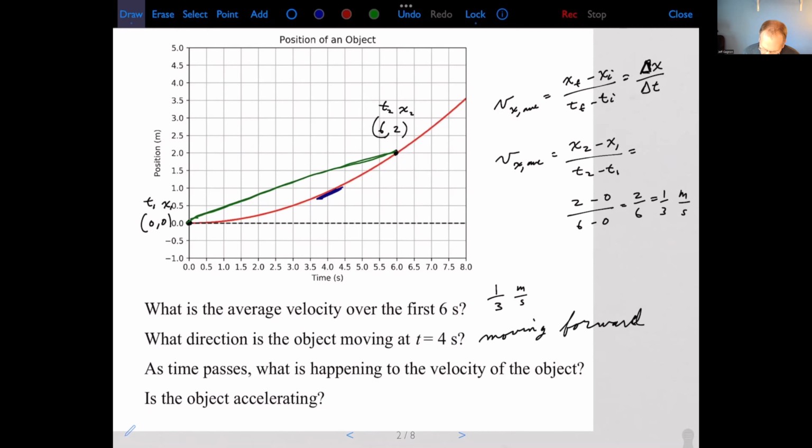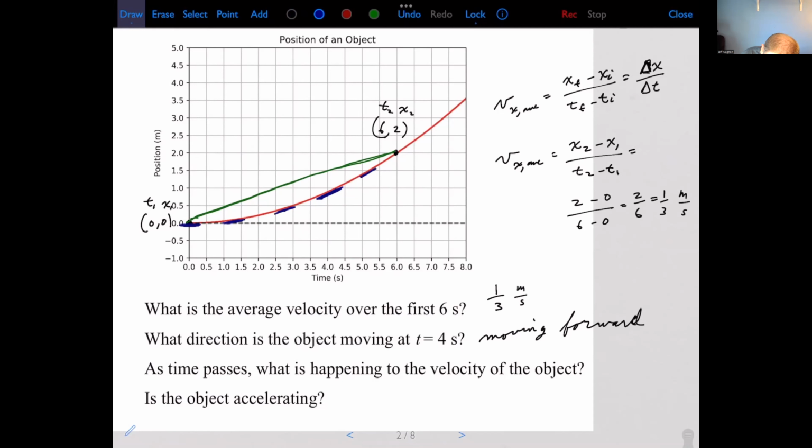Okay, as time passes, what is happening to the velocity of the object in this case? Well, if we start at the beginning, at 0, the slope of the tangent line is pretty much also going to be 0. It's pretty much flat there. So that means the velocity, which is the slope of that tangent line, is 0. Then that slope increases a little bit, then increases some more.